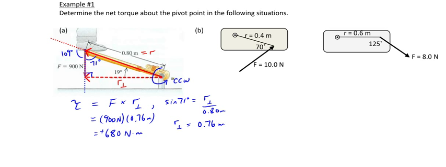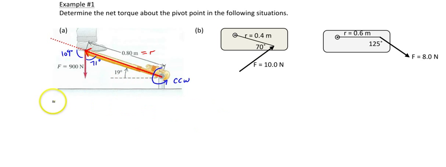Alternatively, you could use the perpendicular component of the force. The torque can be calculated by using the perpendicular component of that force multiplied by the position vector r. The perpendicular force would be the component of this force that is perpendicular to this position vector. There's that perpendicular component of the force vector, and you can solve for it by making a little triangle.